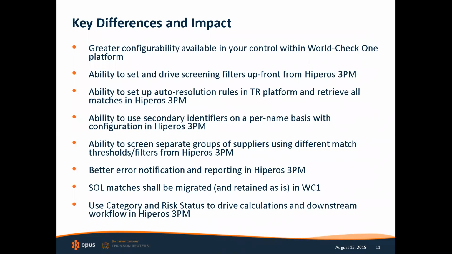We are going to improve that tremendously so that you will be notified. You'll actually have a place to go within Hiperos3PM to track any issues, and there'll be notification of that. And we'll make it such that if there is an error, you will have the ability to intervene right away and resolve that issue.